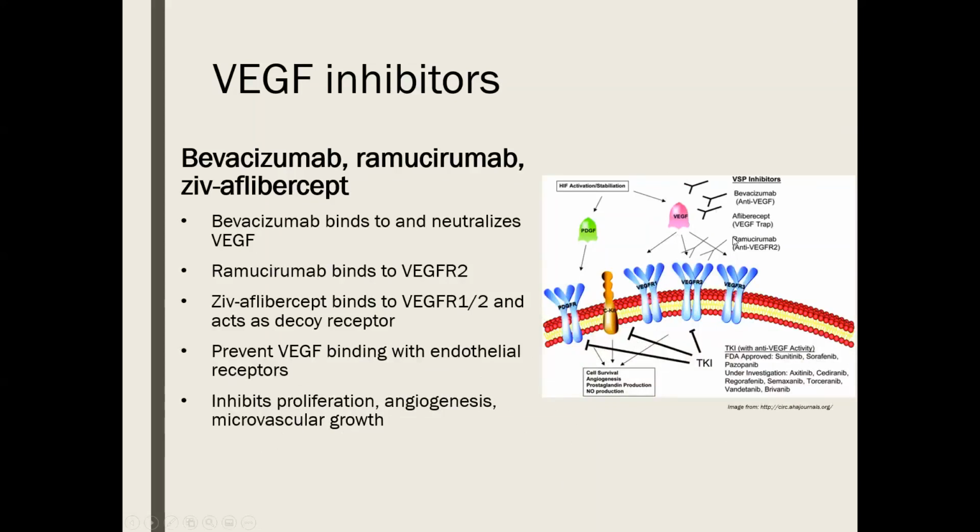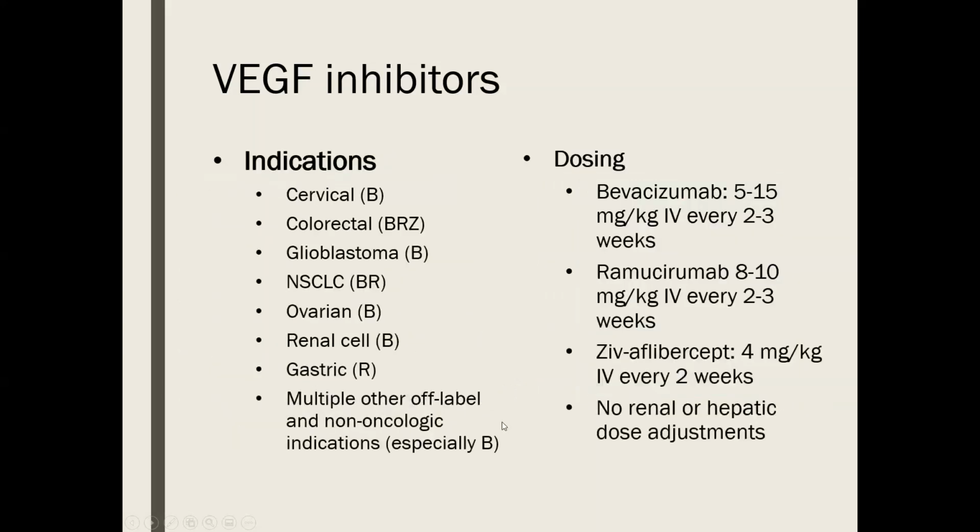Ramucirumab binds to a different target, actually binding to the receptors, and aflibercept acts as a decoy receptor going against these VEGF receptors. This leads to the inhibition of cell proliferation, angiogenesis, as well as microvascular growth, particularly toward malignant cells.